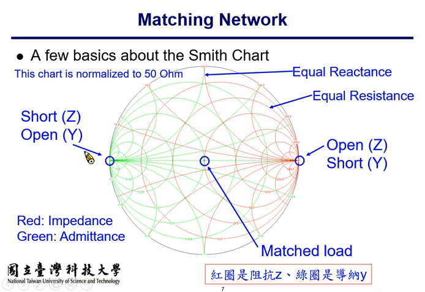But a few things that you should remind yourself. On the Smith chart, the complete circles are the so-called equal resistance circles, the real part of the impedance. Those lines that are not making complete circles are the equal reactance circles.